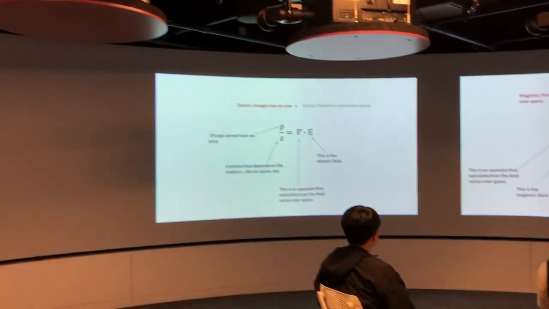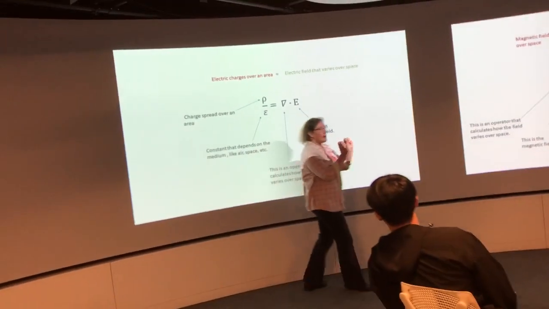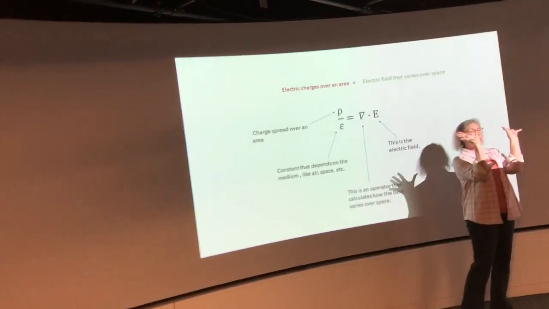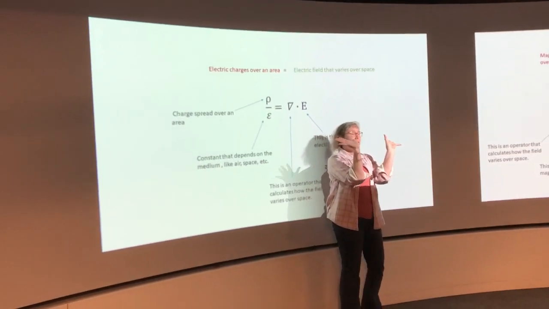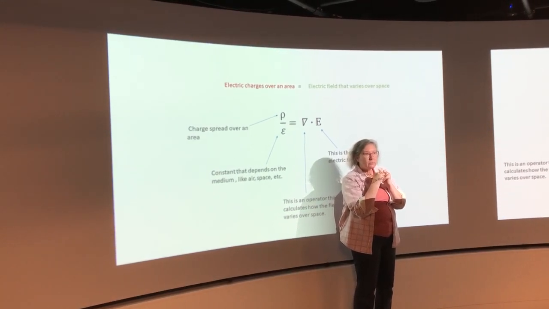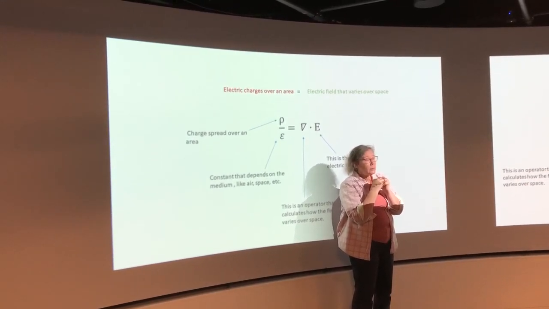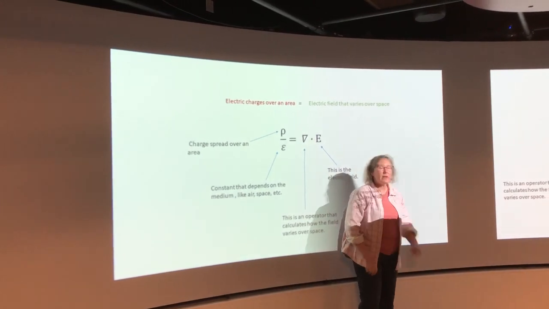Now, looking back here, if you have an electric field that's diverging, you'll get a positive charge. If you have an electric field that's converging, you'll get a negative charge. Okay, we can deal with that. We know what positive and negative charges are, right? I forgot to bring a balloon.